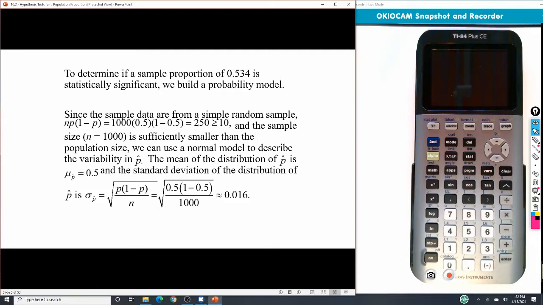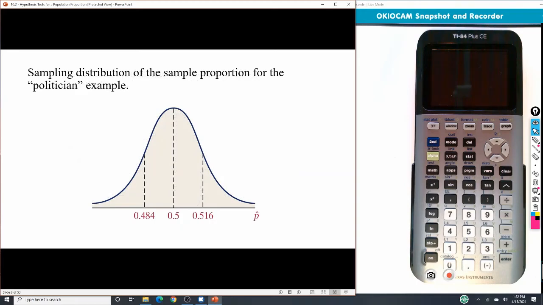So our mu of p hat here is 0.5, and then our standard deviation is 0.016. So we can see here this is what one standard deviation would look like.